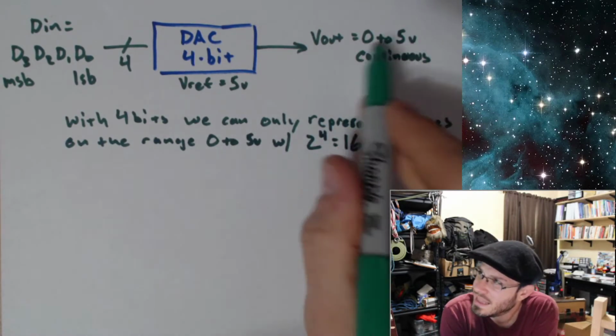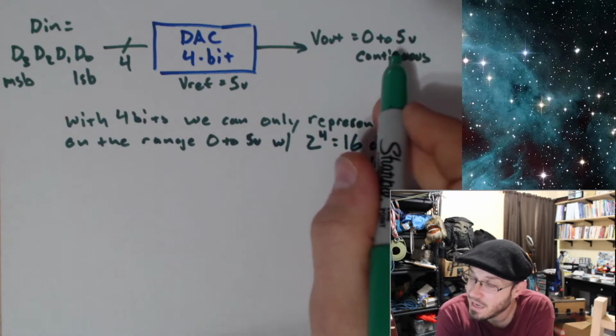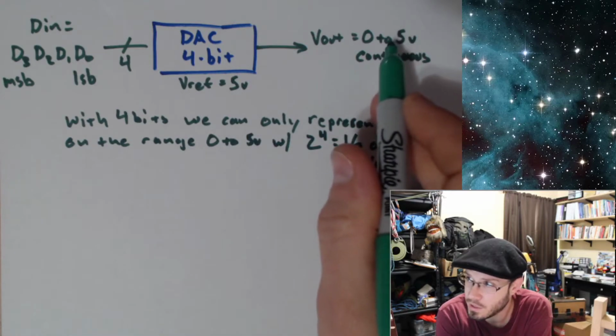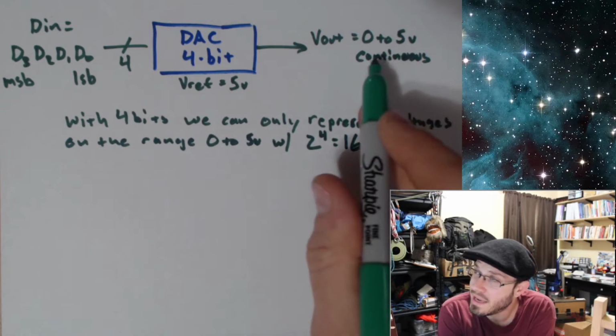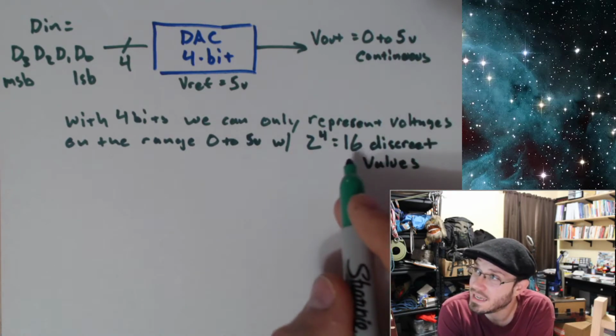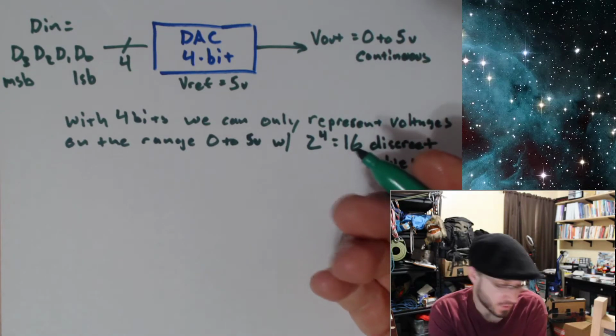So in other words, this 0 to 5 volts, I can't infinitely represent any voltage between it. I can only break this range 0 to 5 volts into 16 different values.